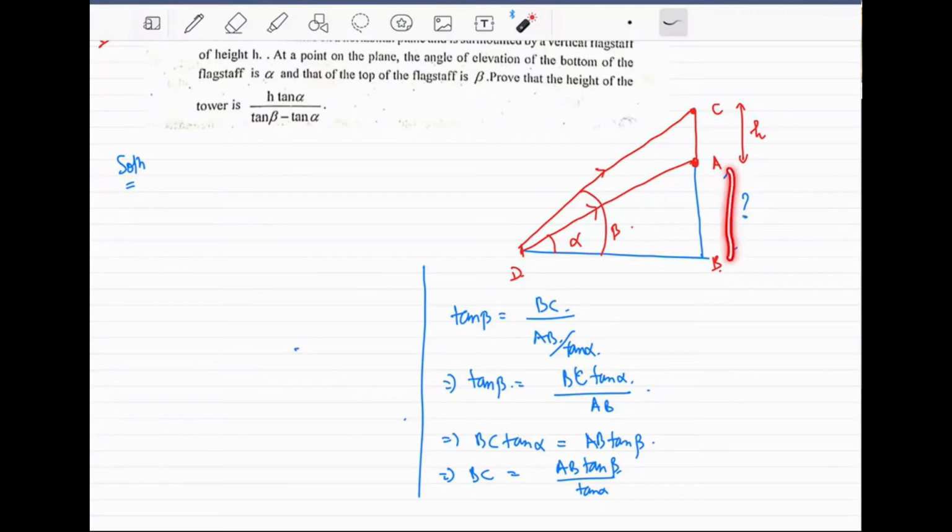So we wanted to find out AB actually. How to find out AB? As I've been saying, you have to subtract this part and this part. So in order to find out AB, we have to subtract BC and the AC. BC we have found out to be this portion right here: AB tan beta by tan alpha, right?